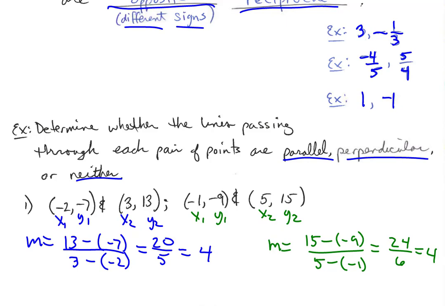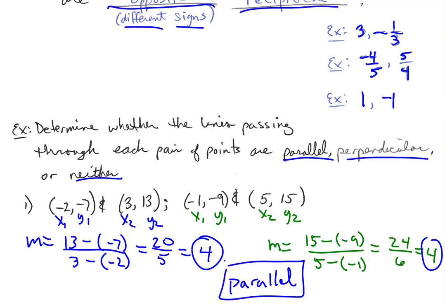We'll notice that we just computed both slopes to be 4. And since those are the same, we go up and recall that the same slope means these are parallel. So same slopes, parallel lines. We can tell simply based on the slope calculations that these lines, which you could form by connecting each pair of points, would be parallel lines.